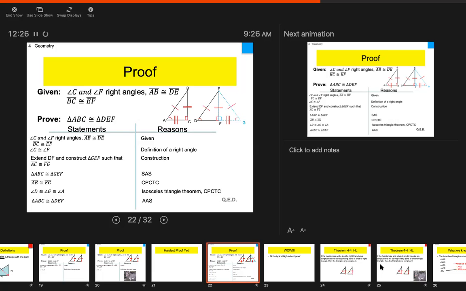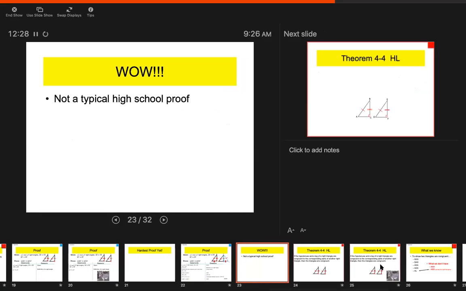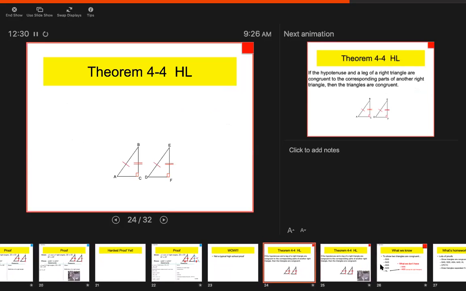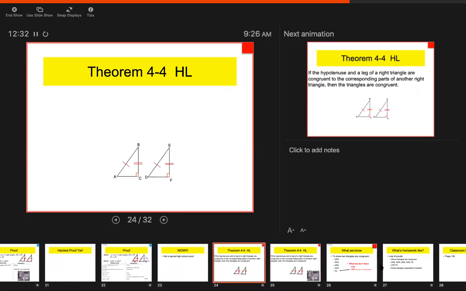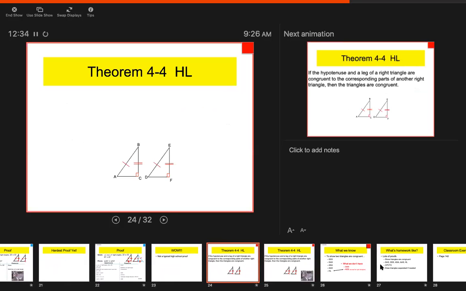Right? And donkey would make sense. They don't. So they call it hypotenuse leg because it's a right triangle. So you just showed that the hypotenuse and the leg, by the way, this does spell ASS, right? ASS. But no one is going to do that, so they call it hypotenuse leg.